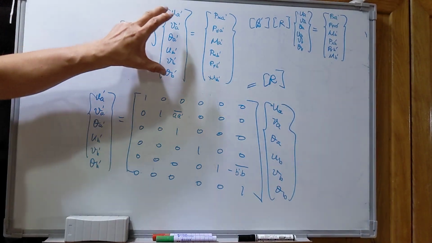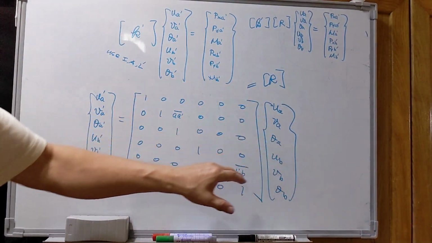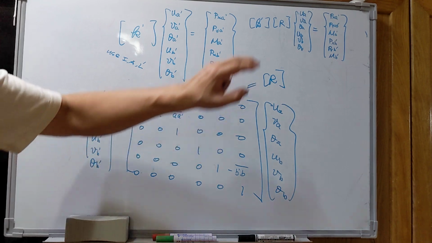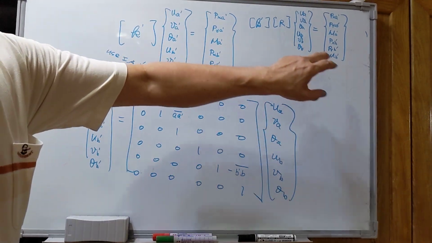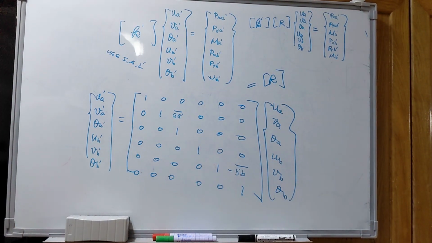Since this vector is equal to this one, capital R times this, K prime times R can give you the member end force at the A prime and the B prime.